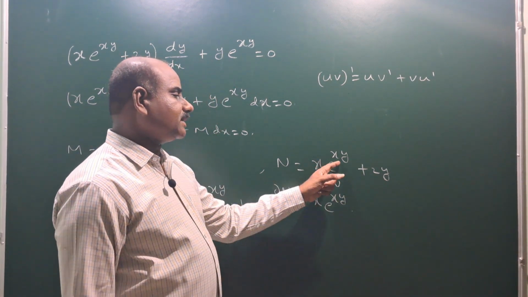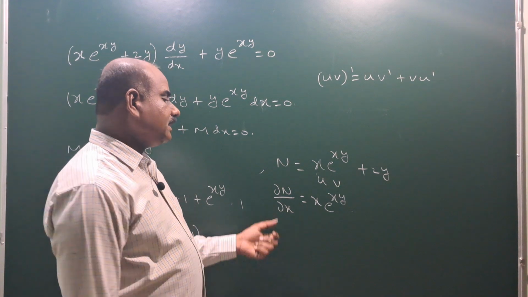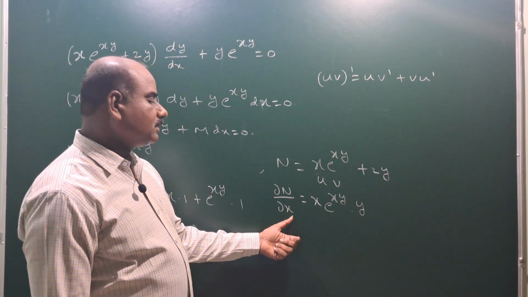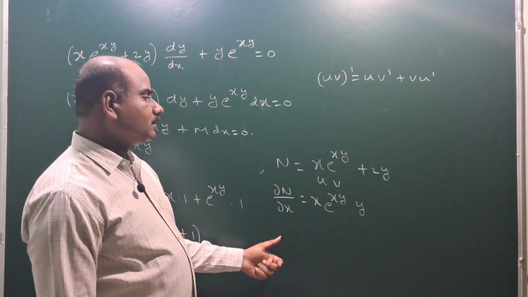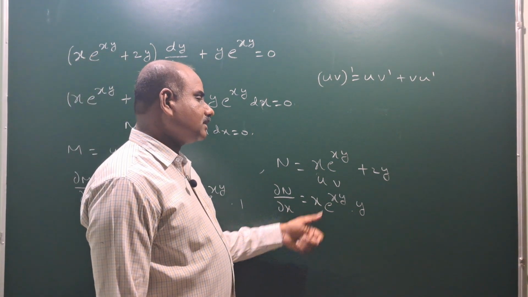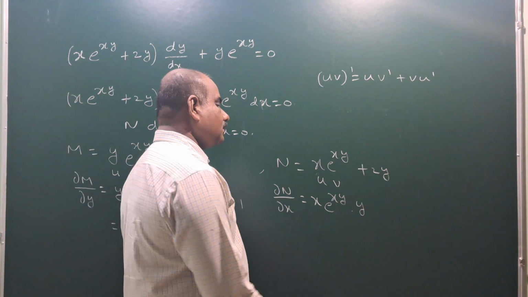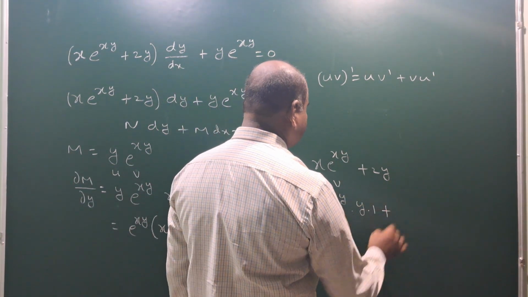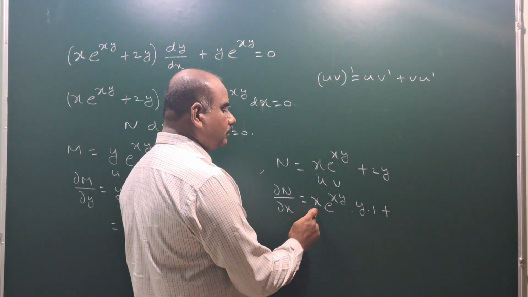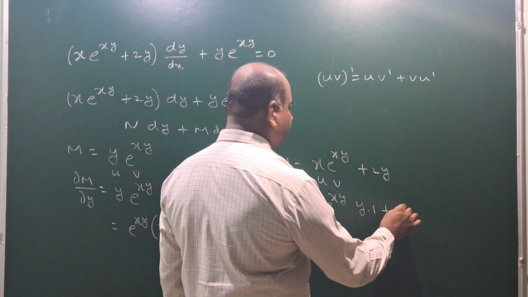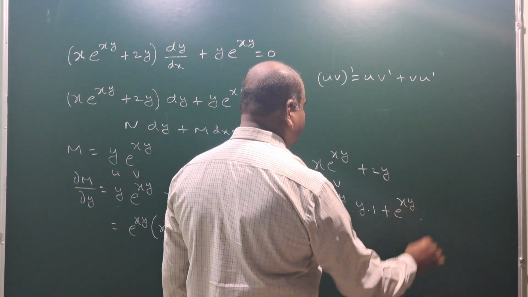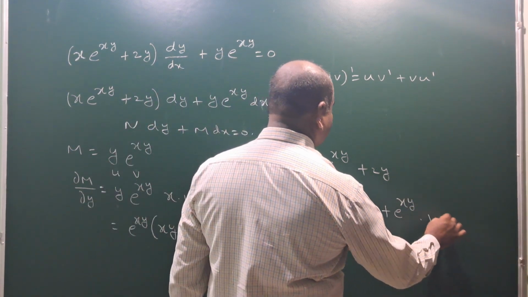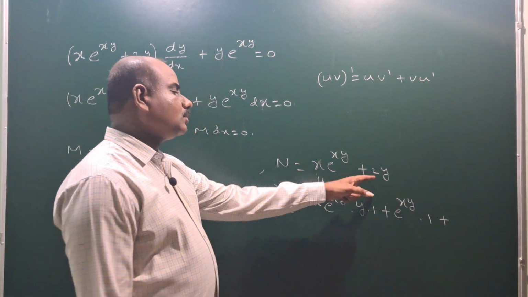But the power is not x, it is xy. In xy, y is constant because we differentiate partially with respect to x, and the derivative of x with respect to x is 1. Plus, this is u into v dash. Next v into u dash, that means e^(xy) into the derivative of x, which is 1, plus the derivative of 2y with respect to x.